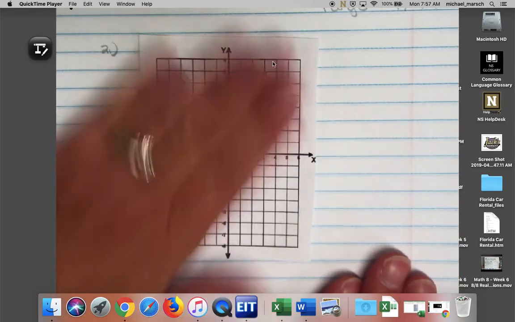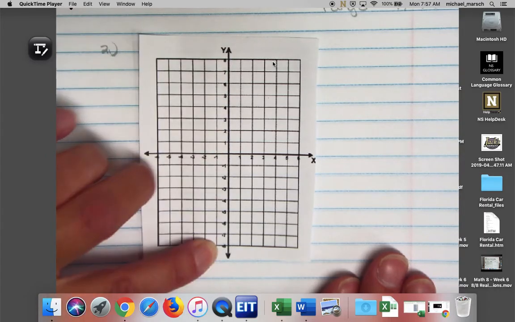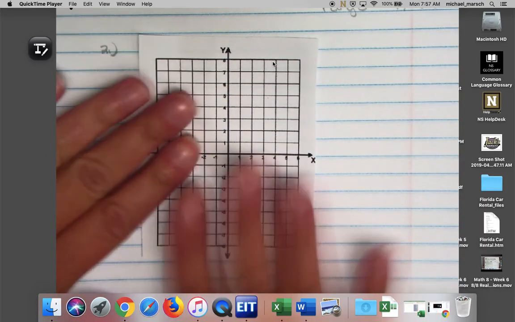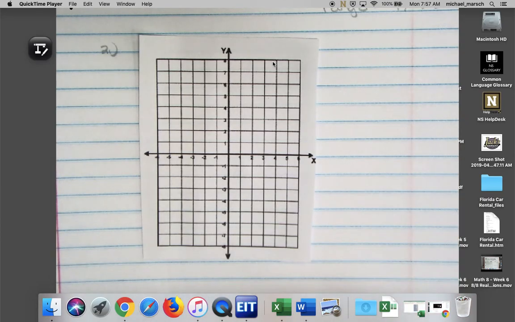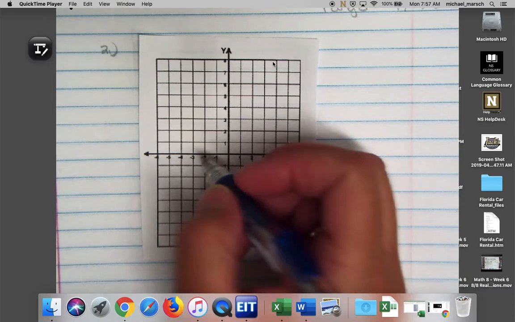Okay, so remember the y here is the vertical, the x is the horizontal. Okay, and then I'm just going to put some points here.